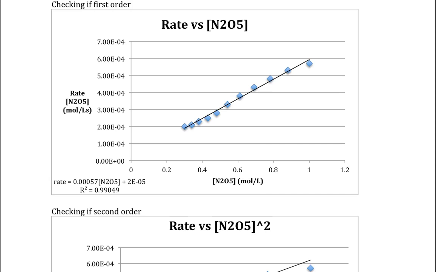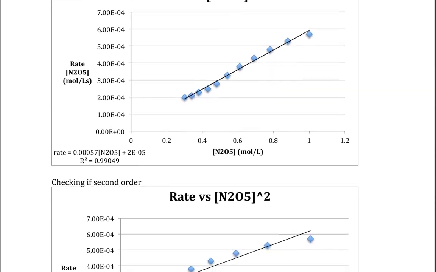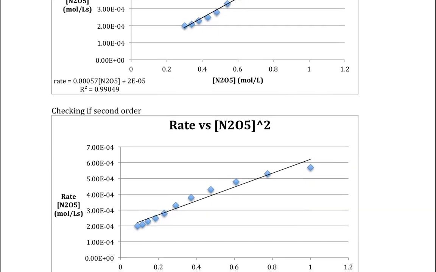The closer that number is to 1, the closer the data is to the linear fit. So the linear fit revealed a slope of 0.00057 and a y-intercept of 2 times 10 to the minus 5, which is almost 0. Okay, so we have a correlation coefficient very close to 1, making the data look pretty first order.